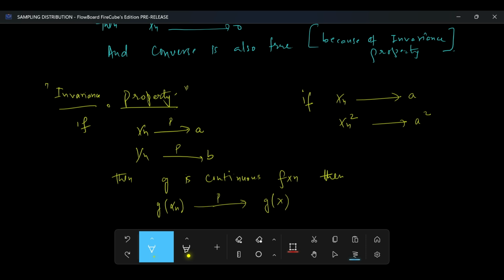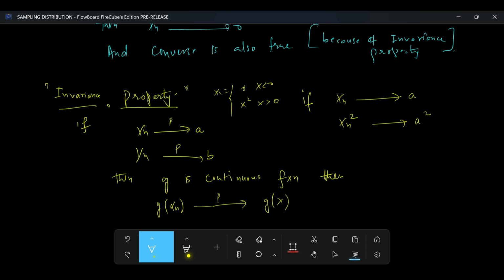Or take another example: g(x) is 0 for x less than 0, and x square for x greater than 0.